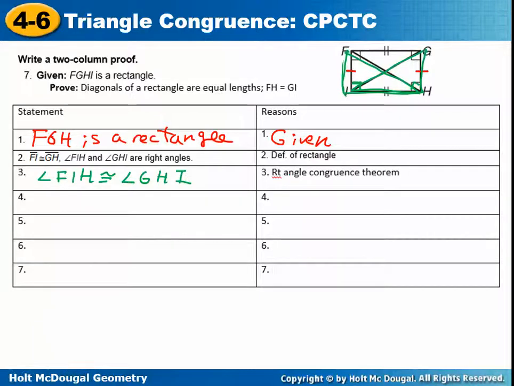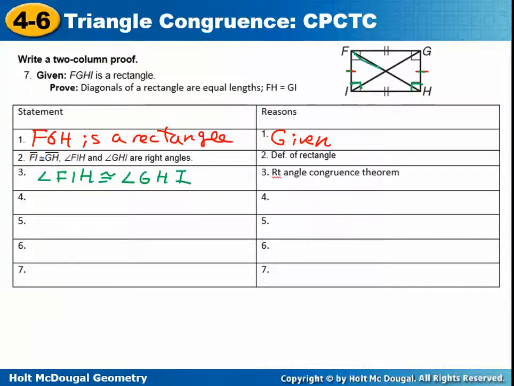Okay, next thing that we're going to do is see if we have any other information. We have this side is congruent to this side. We have this angle is congruent to this angle. We know it's a right triangle because it's a right angle.